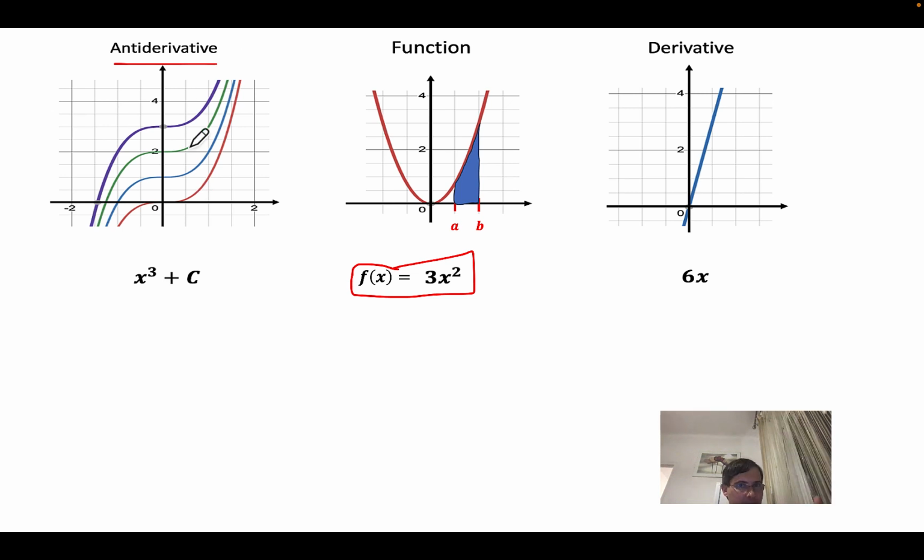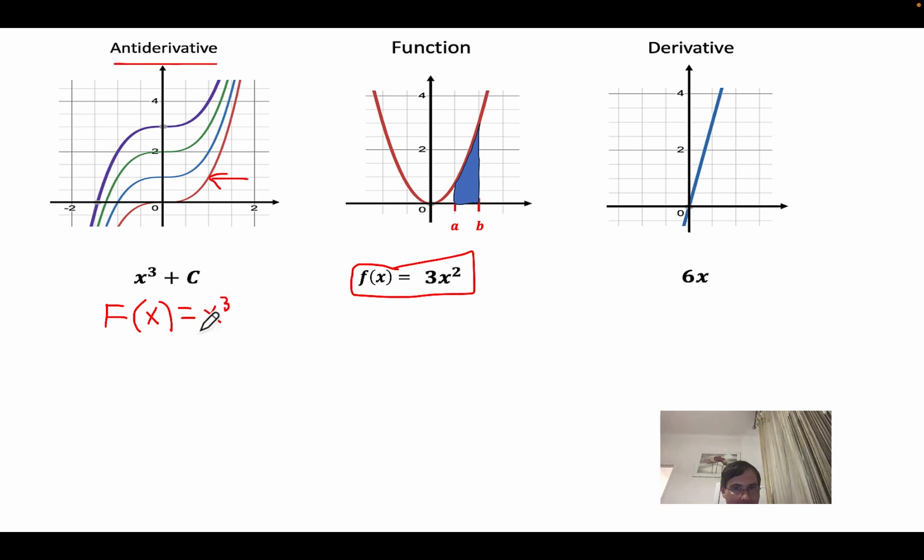But which of those antiderivatives? We can take any antiderivative that we want to. For example, I can take this one. Let me call this antiderivative big F. So big F of x is going to be equal to this function x cubed.